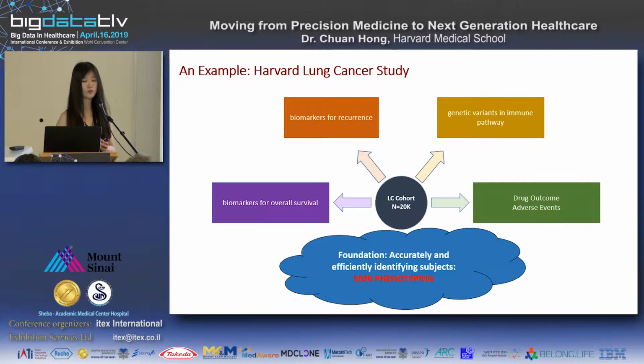And we can also work on drug development. But before that, a critical and foundational step is to accurately and efficiently identify the subjects we want. That is EMR phenotyping.